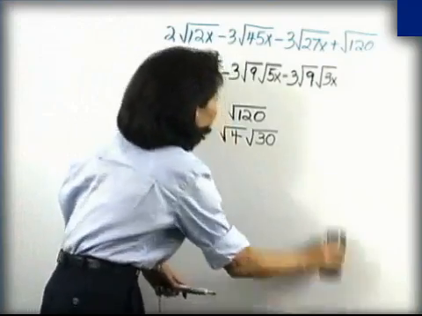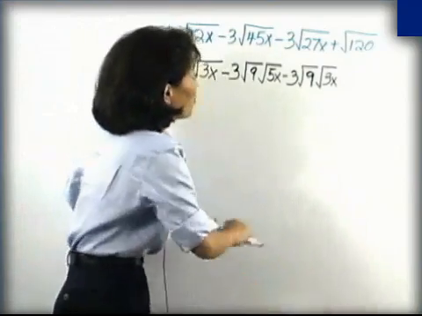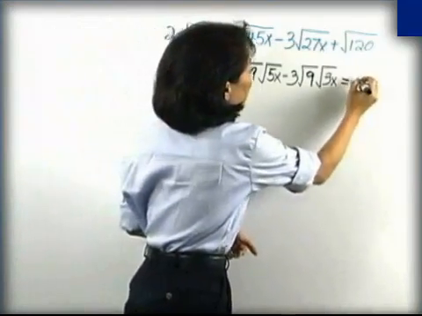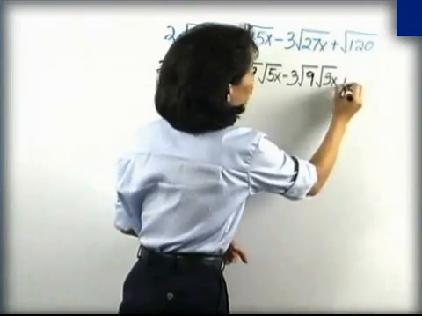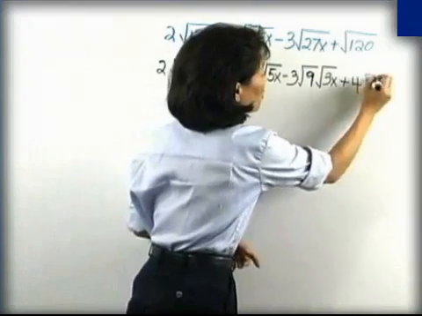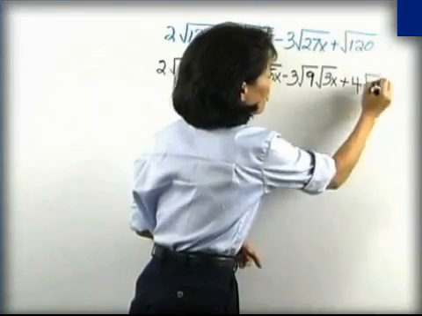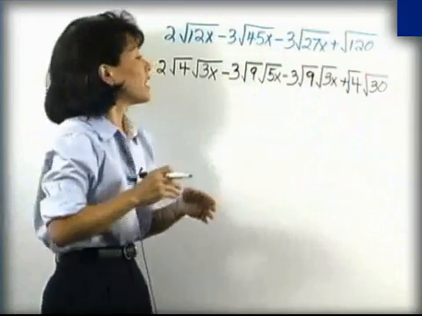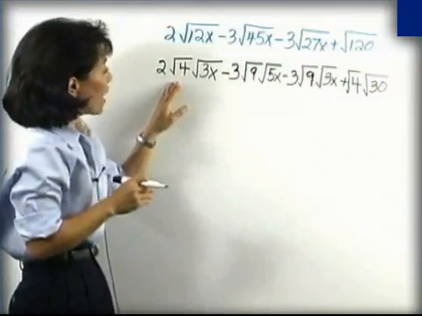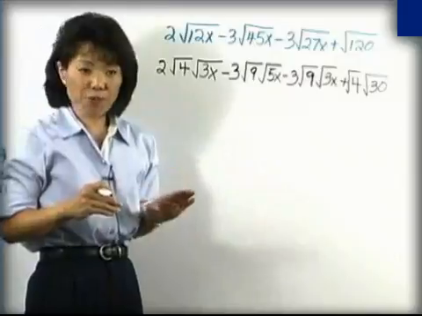So let's go ahead and write that, and, oops, not equals, sorry, that's a plus 4 square root of 30. Square root of 4 times the square root of 30. Now, let's go back and rewrite all the perfect squares.